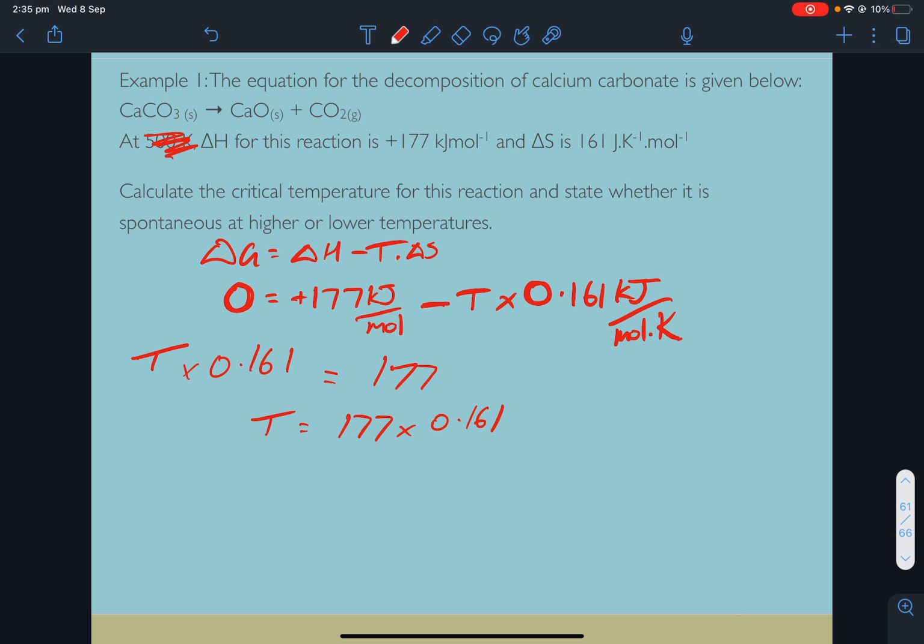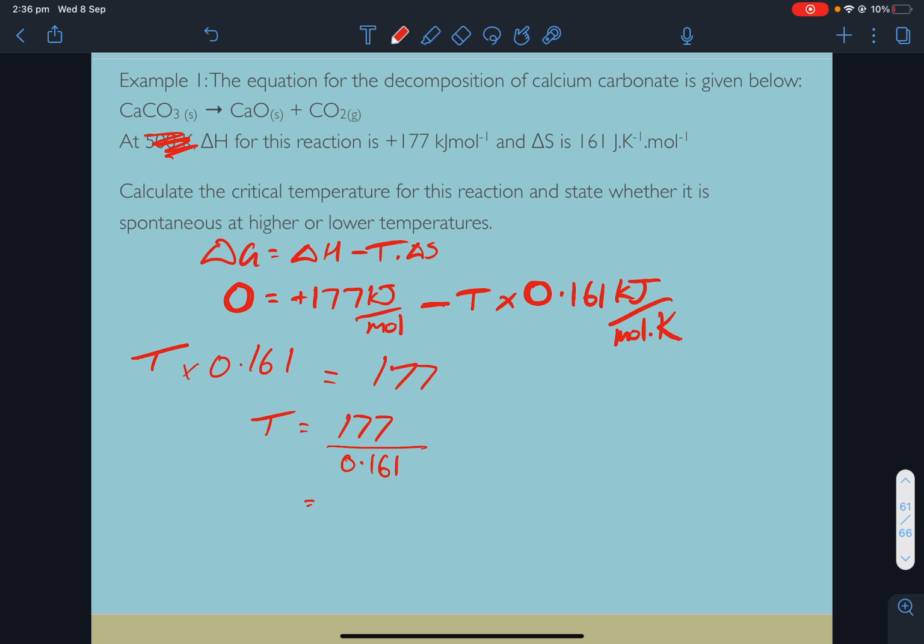Oh, I'm paranoid that I haven't done it right. No, I haven't done that right. You're all screaming at me right now. It's T times 0.161, so if I want to get rid of the multiply by 0.161, I've got to divide by 0.161, haven't I?